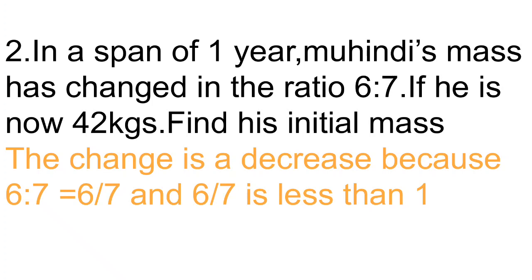If he is now 42 kilograms, find his initial mass. So the change here is a decrease because 6:7 can be rewritten as 6/7 and 6/7 is less than 1. So that one is representing the decrease.